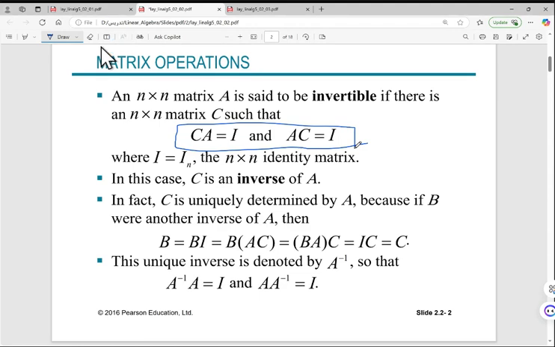Yes, Doctor, it is, because it's invertible. So your friend says that the inverse of a matrix is unique. This means a matrix has at most one inverse matrix. It is not possible that a matrix has more than one inverse.